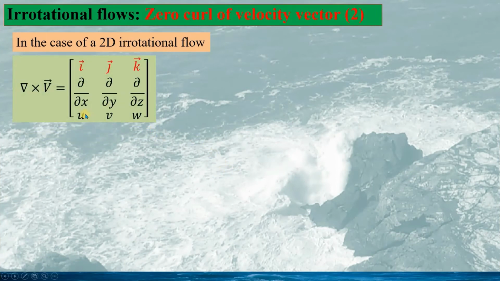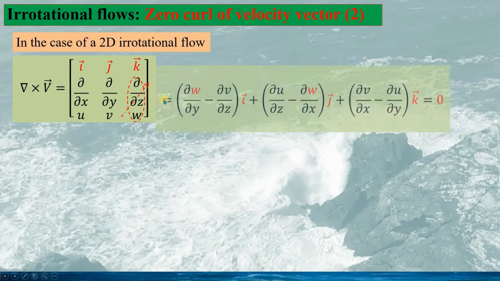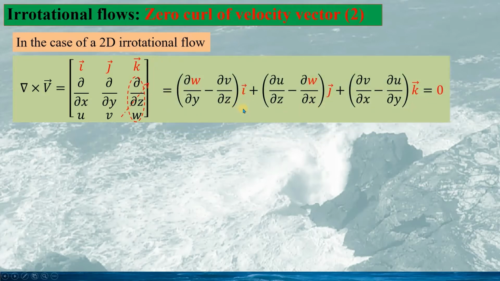In the 2D case, the calculation of the curl of the velocity vector is still given as this, but we must take the velocity component w as 0, and the partial differentiation with regard to z would be 0 too. And if we look at this detailed calculation of the curl of the velocity vector, we can see this part would be 0 because w is 0, and this would be 0 too because of the partial differentiation with regard to z.